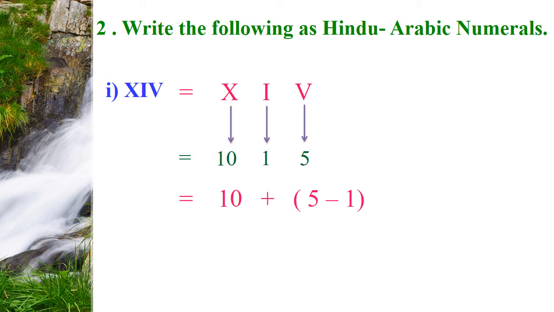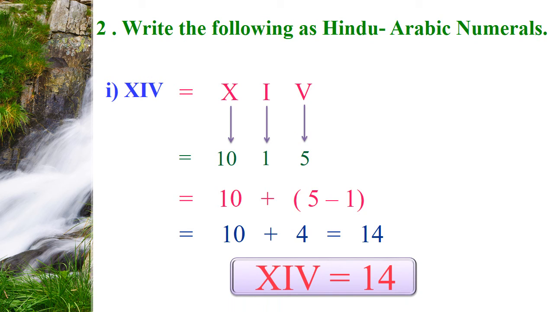So that is smaller number next larger number. So we want to subtract here. So 5 minus 1. So let's find the answer. So 10 plus 4 equal to 14. That is XIV equal to 14.